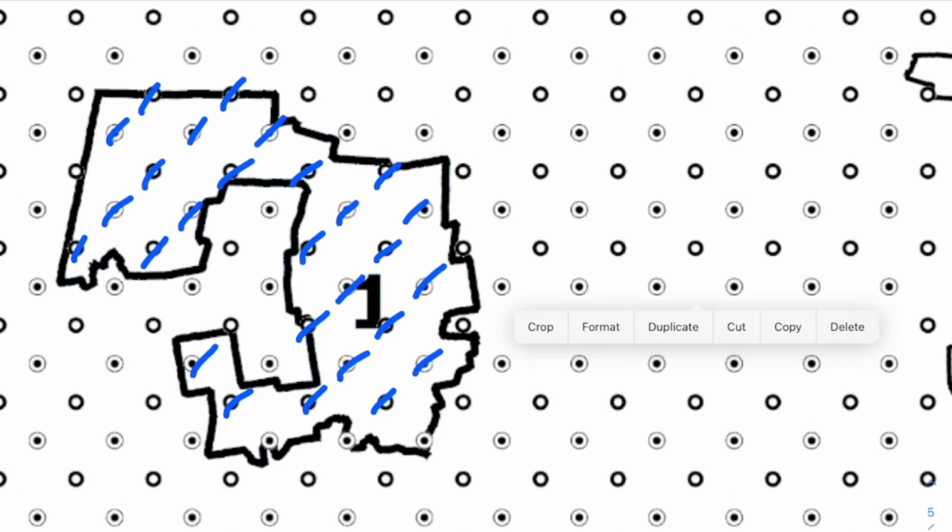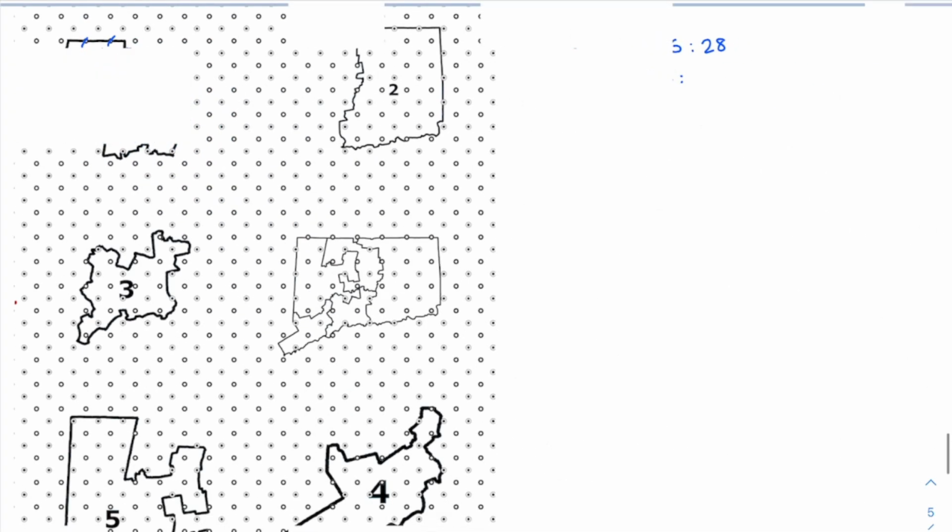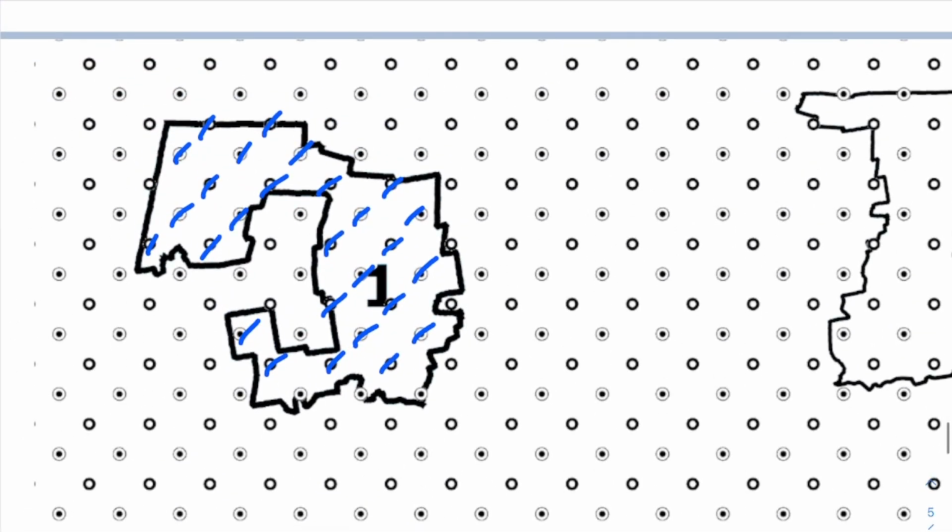This Notability does not like it when you draw on top of a picture. All right, I am trying to fill in the convex hull. Remember, you do this by drawing straight lines to fill in all the little itty-bitty inny regions, like so. All right, I believe that is now the convex hull.